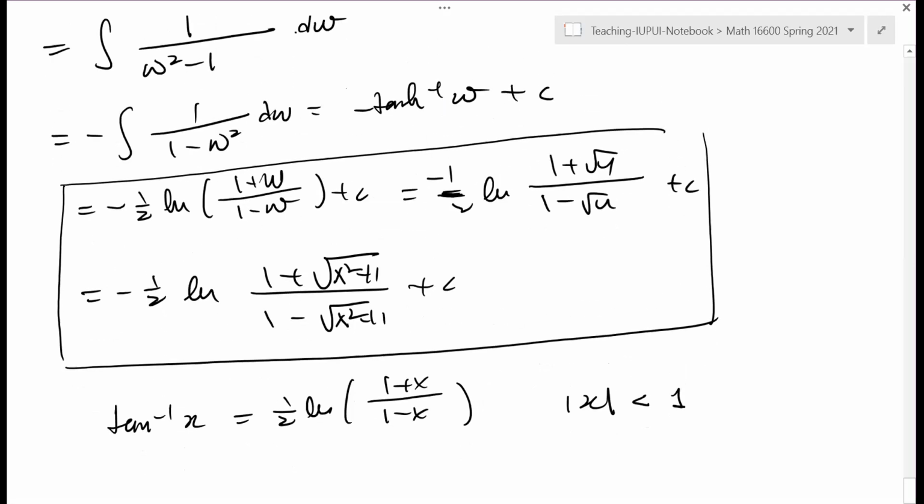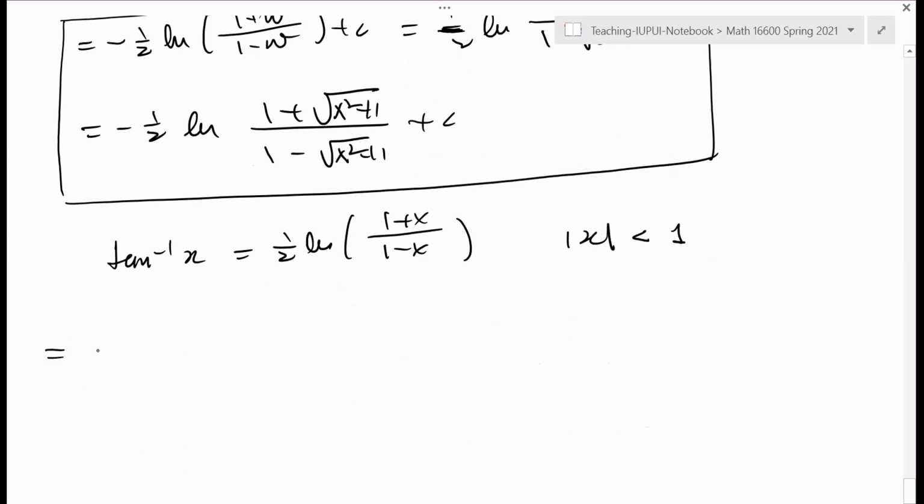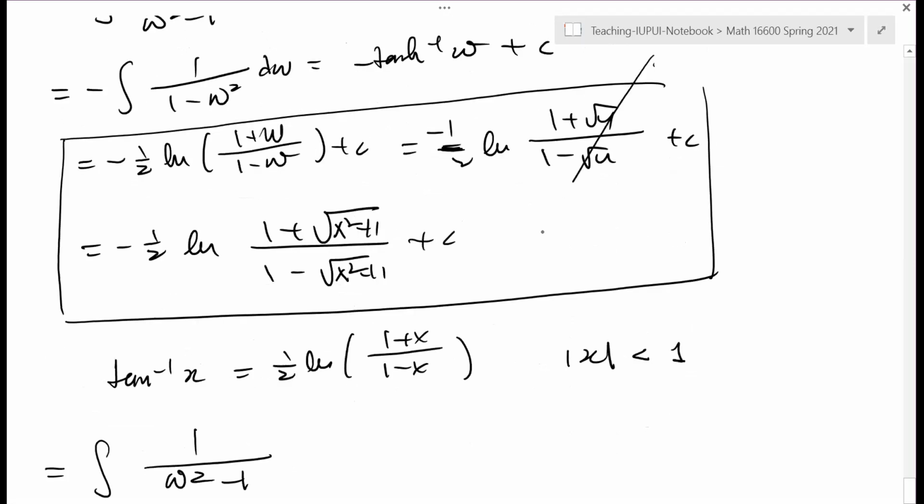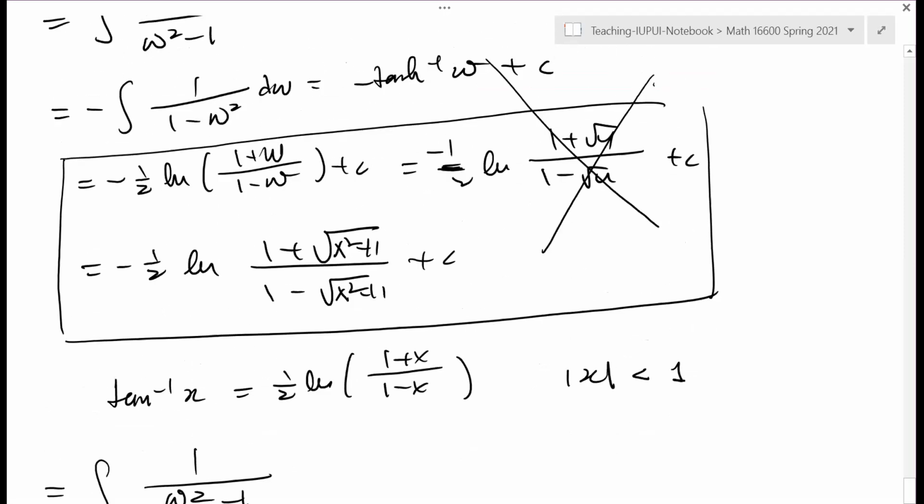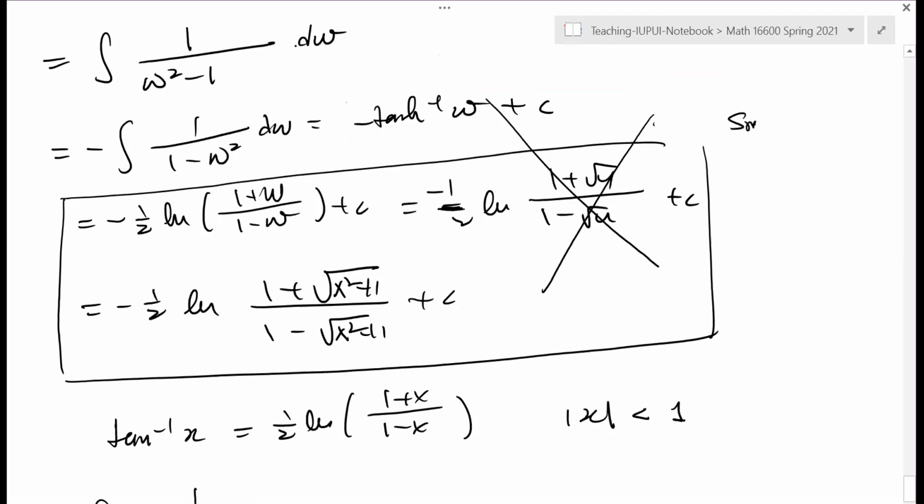To do this, we are going to enter into the next topic, w squared minus 1. So I just have to put a cross mark here. I cannot express it in this form, since w is the square root of x squared plus 1, which is greater than 1.